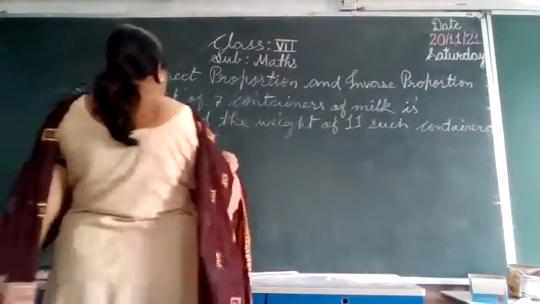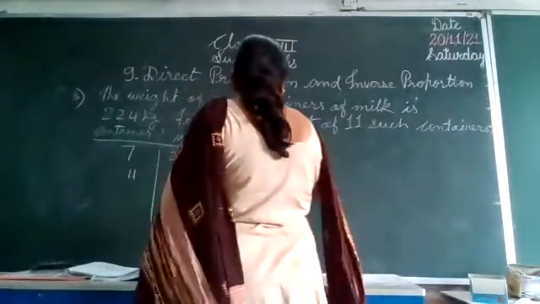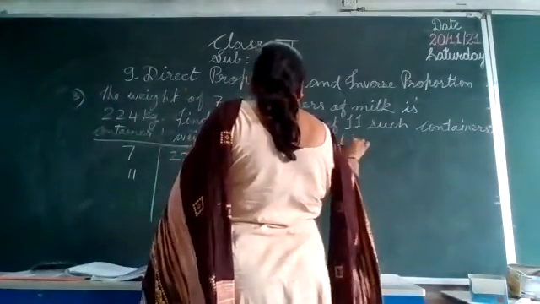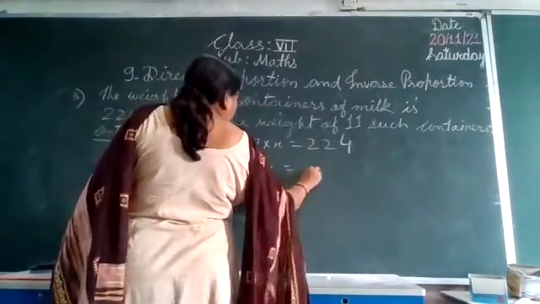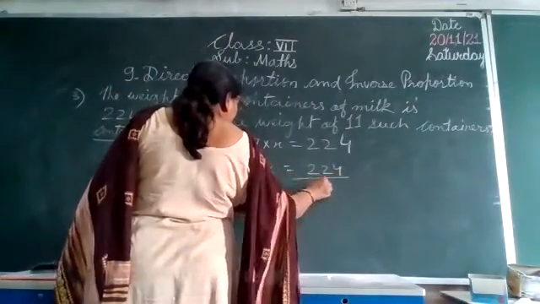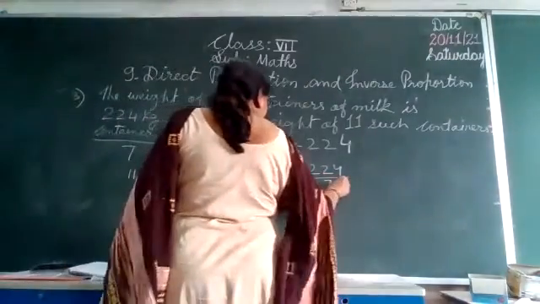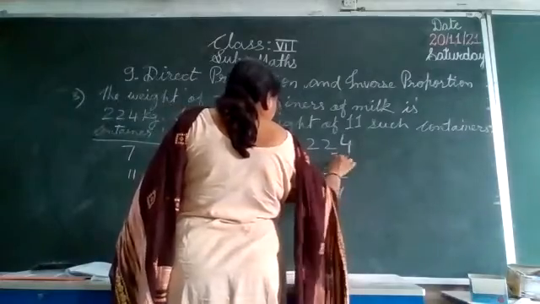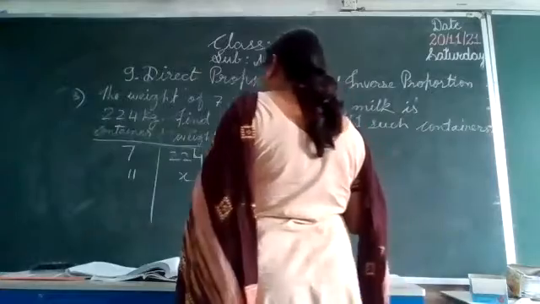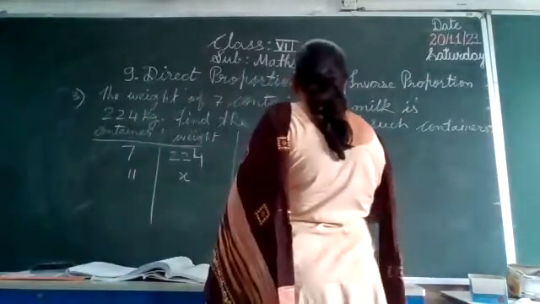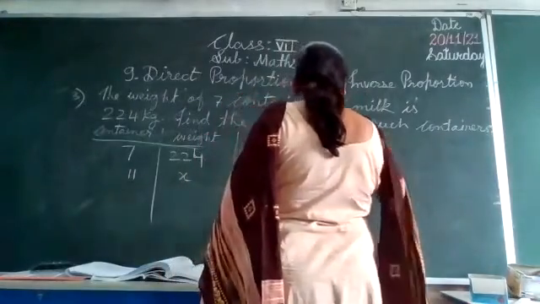Okay. 7 multiplied by x equals 224 multiplied by 11. Okay, x equals 224 divided by 7 multiplied by 11. 7 3s are 21, 7 2s are 14. Okay. 32 multiplied by 11.